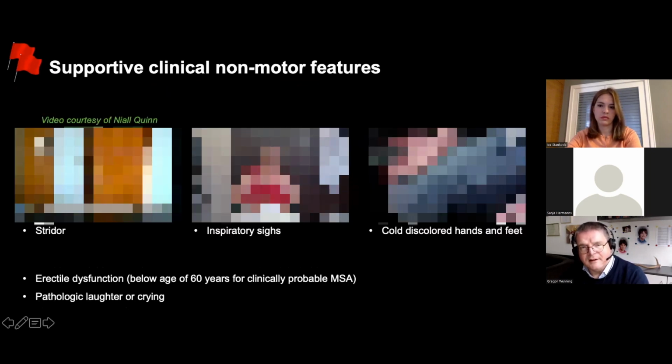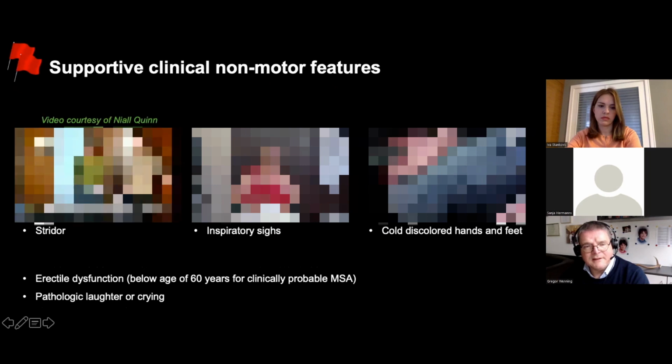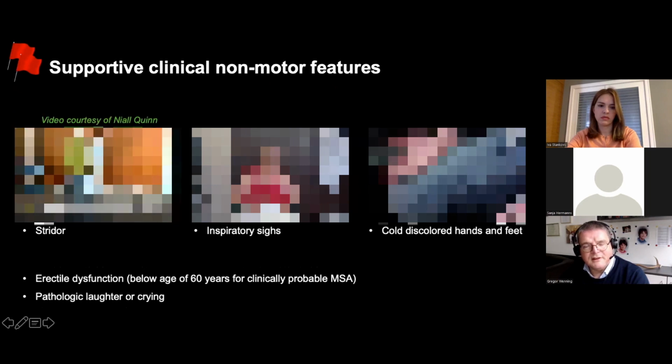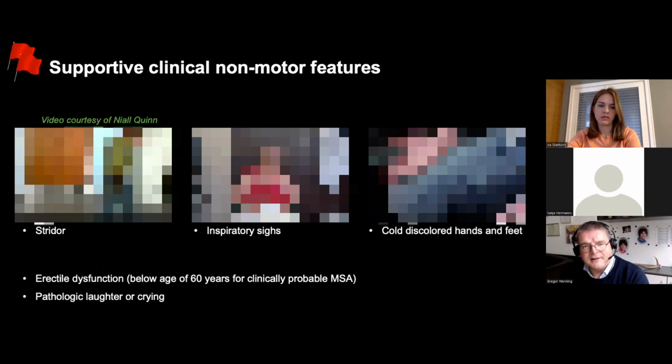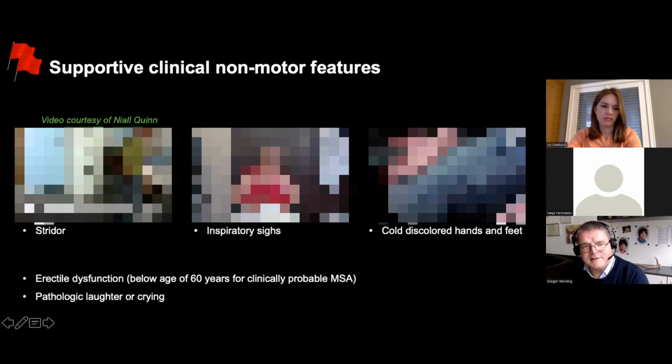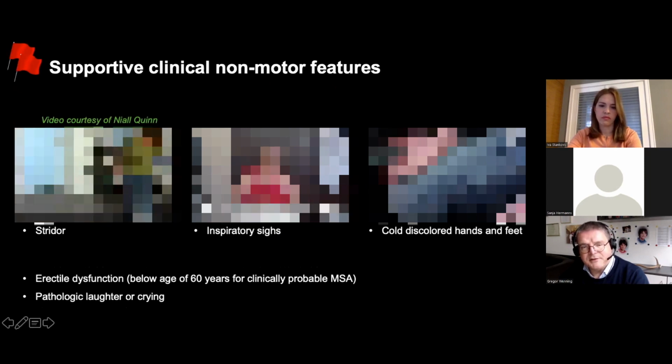These are some of the supportive non-motor features. This includes stridor. This is a lady coming in to the room, and you can easily appreciate this very striking noise she's producing, inspiratory stridor. There are also inspiratory sighs, a kind of respiratory myoclonus. It's difficult to appreciate.